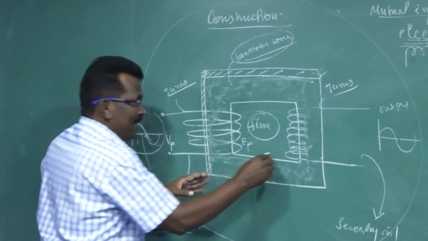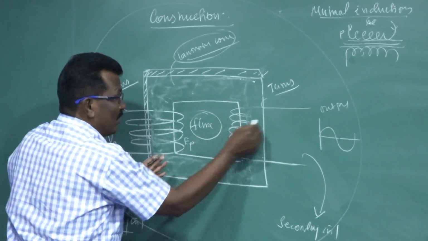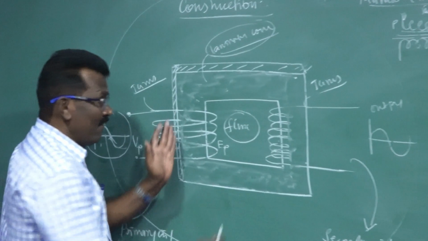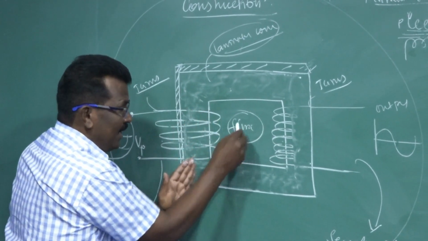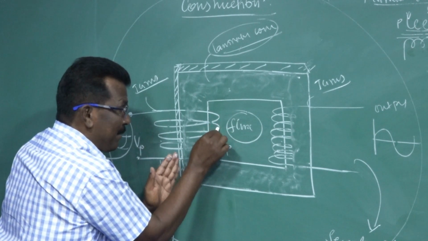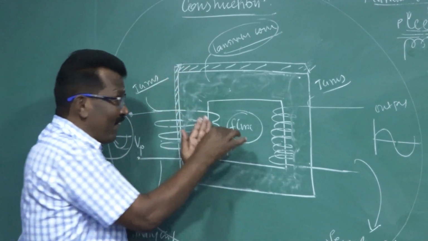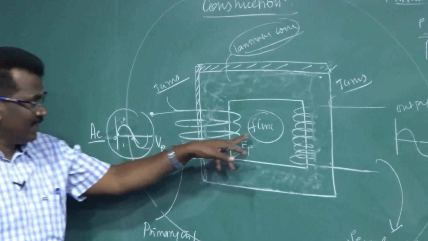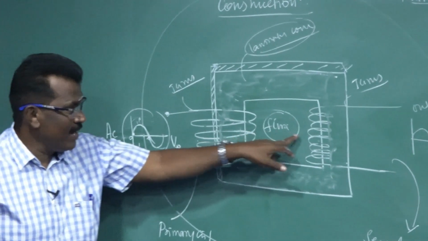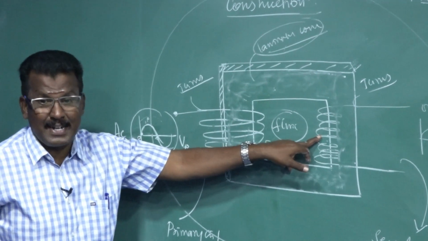At the same time, the secondary coil is wound on the laminated core, very close to the primary coil. When the flux changes in the primary, the same amount of flux changes in the secondary also.